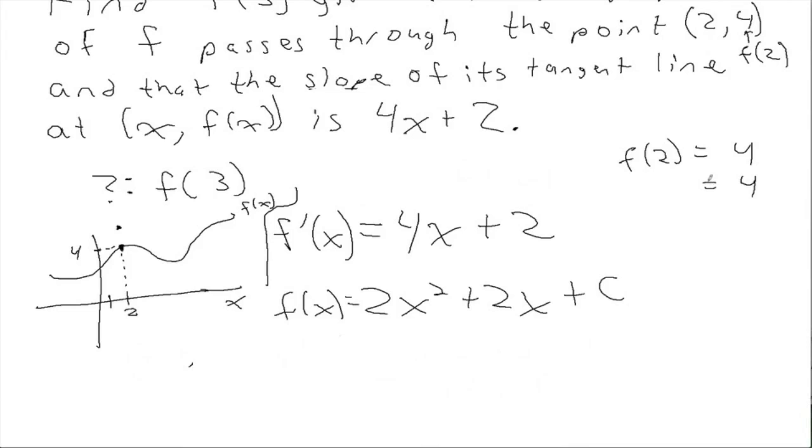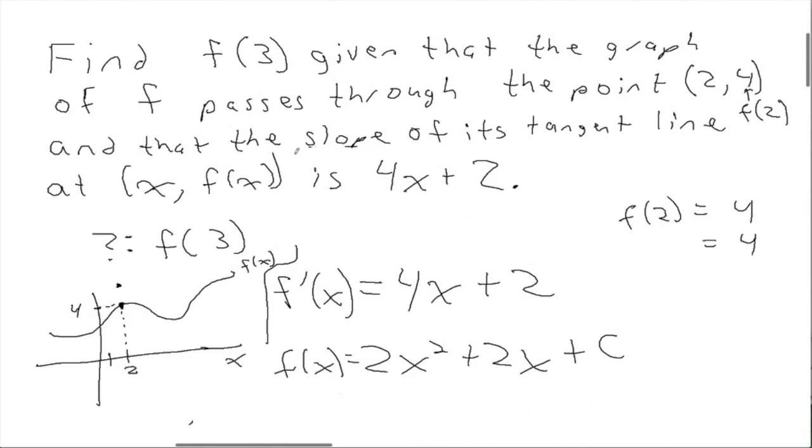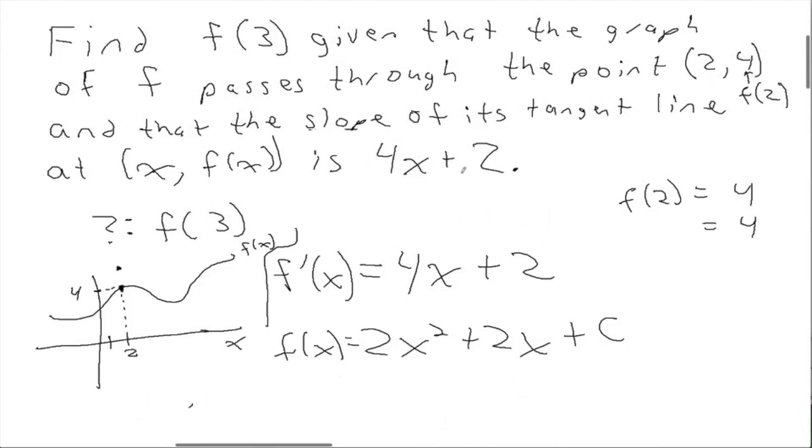So let's see. What have we figured out here so far? The problem gave us the slope of the tangent line, 4x plus 2. What's a name for that slope? What function is this? F prime of x. And that's what you wrote down here.